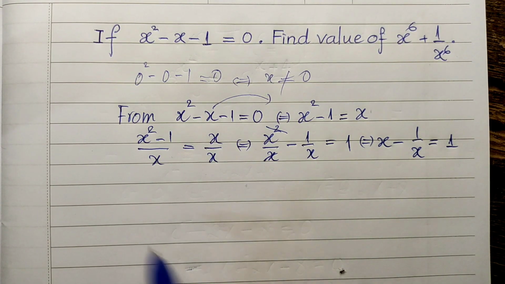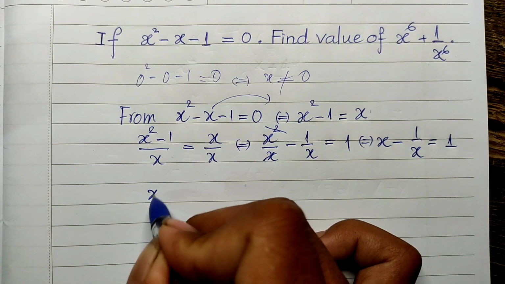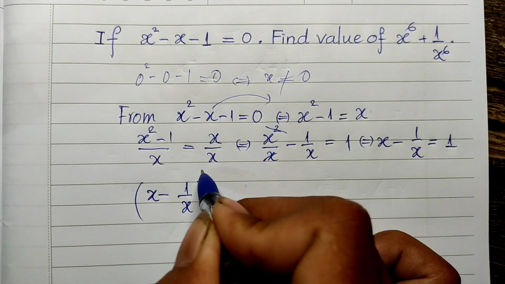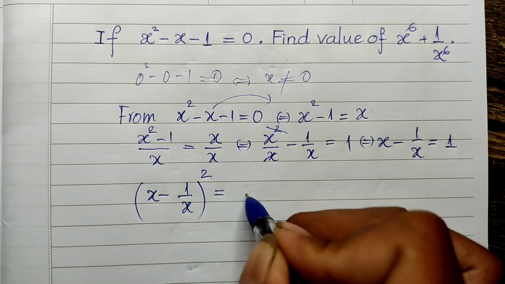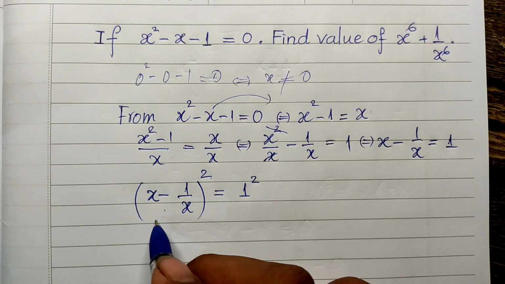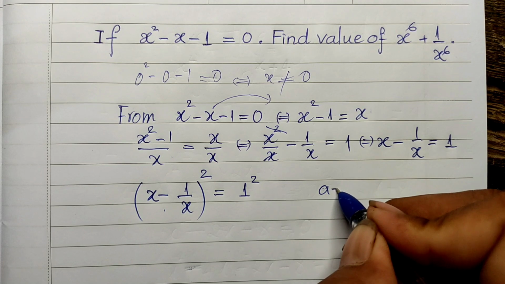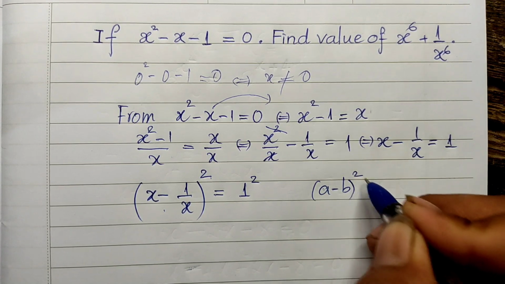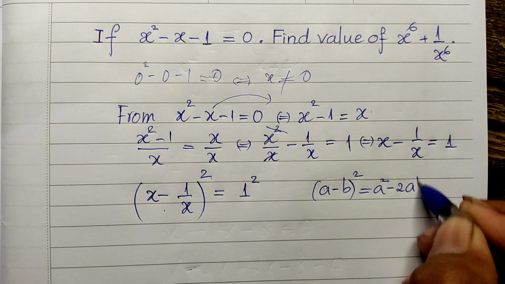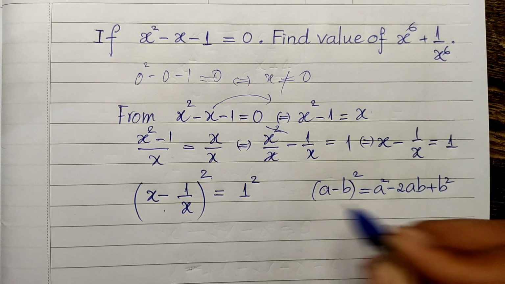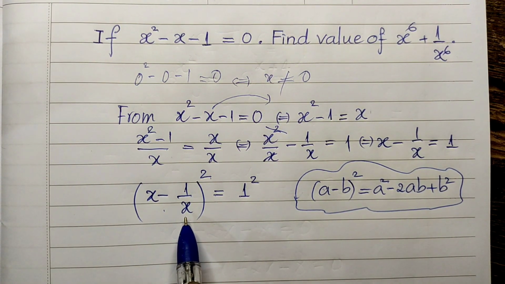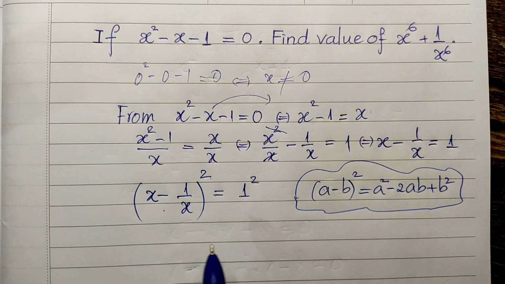So you get x minus 1 divided by x, all squared, equals 1 squared. And we use the rule that a minus b all squared is equal to a squared minus 2ab plus b squared. I use this rule to expand this equation.